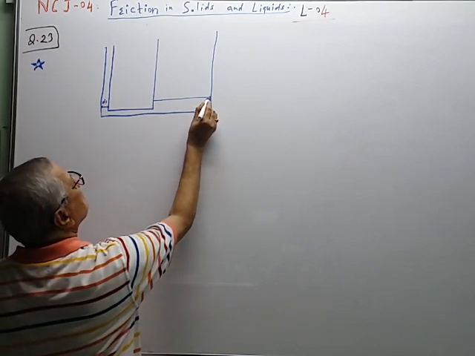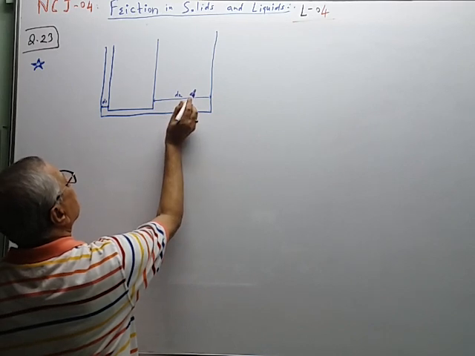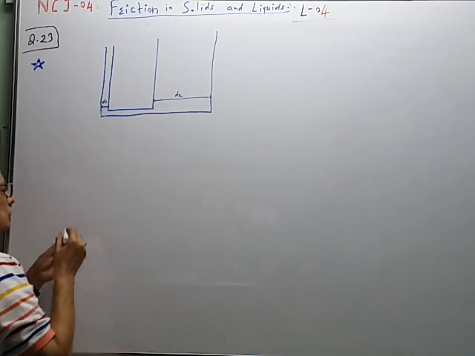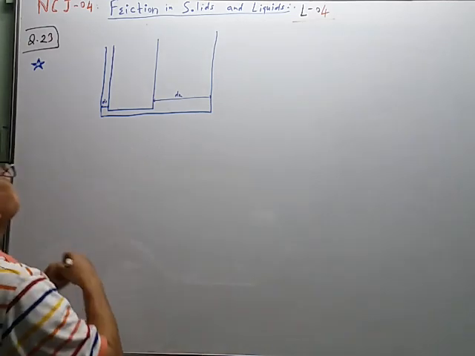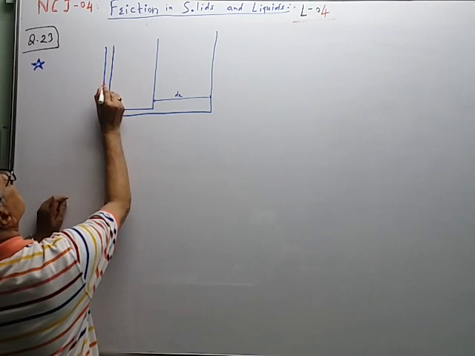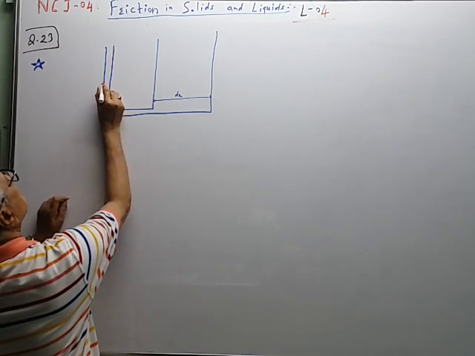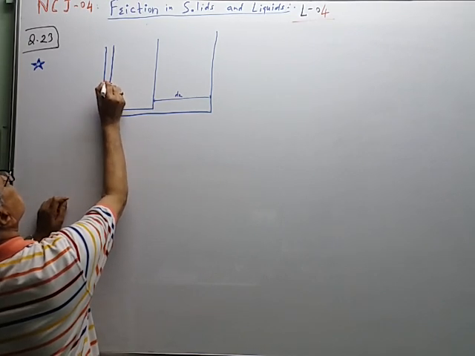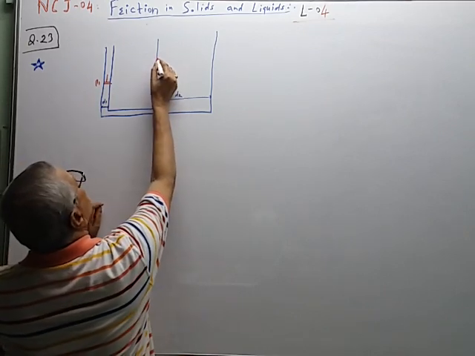This diameter is D2. This is the piston P1. This is the piston P2.